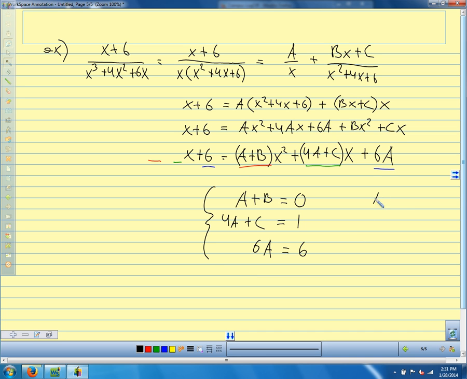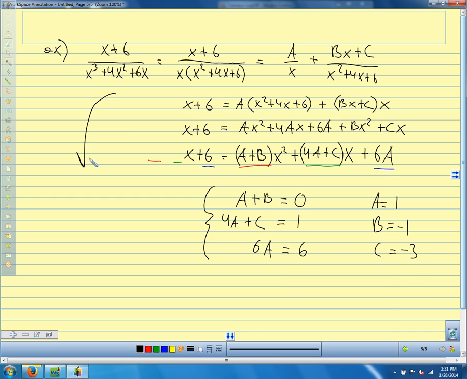That tells me that a equals 1, b equals -1, and 4 plus c equals 1. So c equals -3.